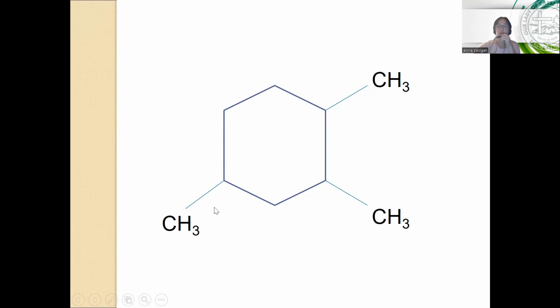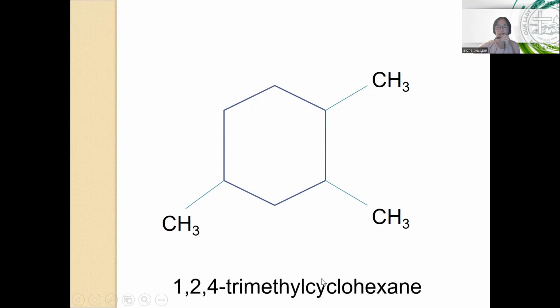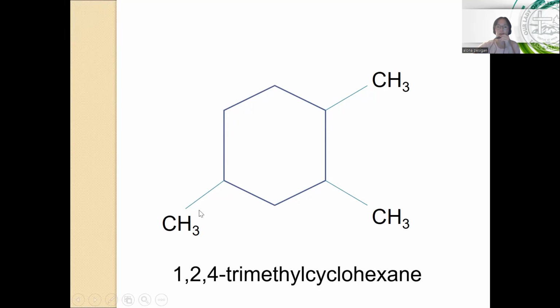So it's 1, 2, 4. There are 3 methyl groups, so you have to use trimethyl. So it's 1,2,4-trimethyl, then the parent is cyclohexane.